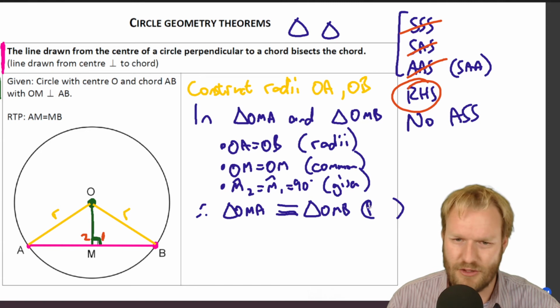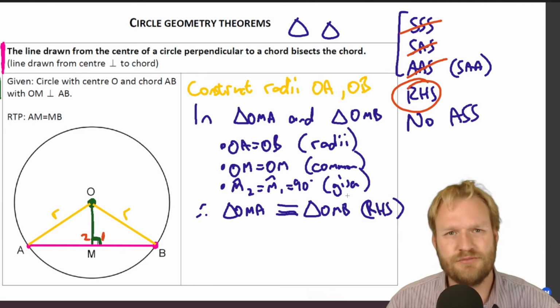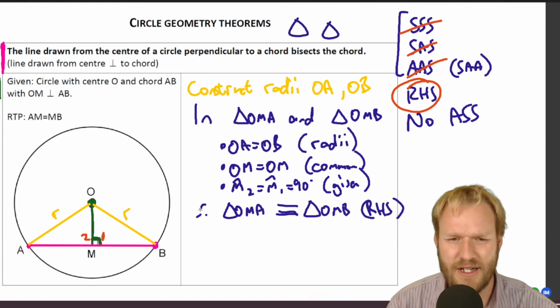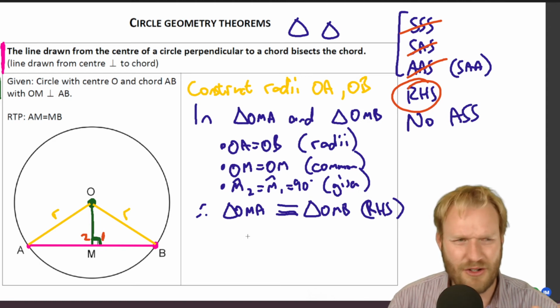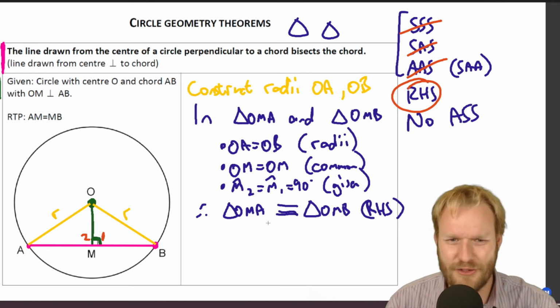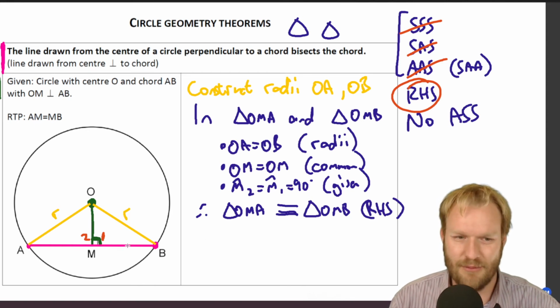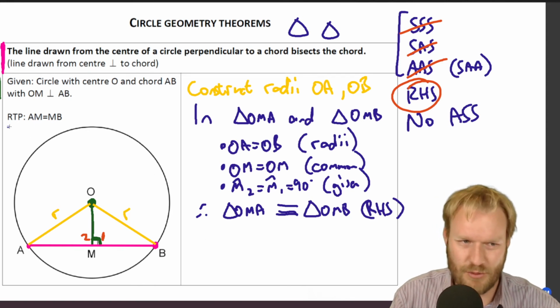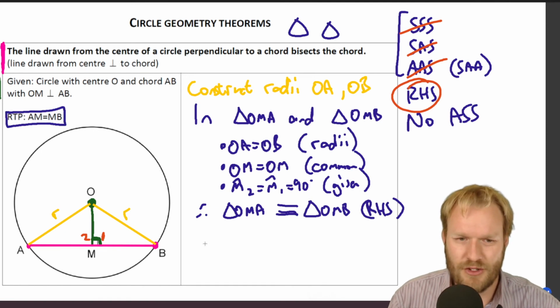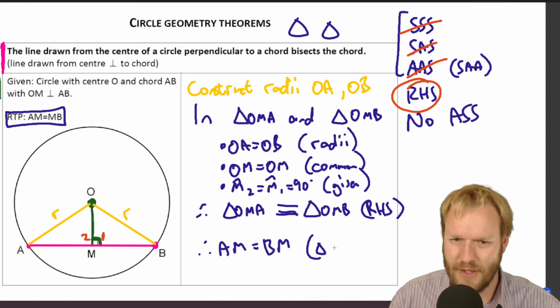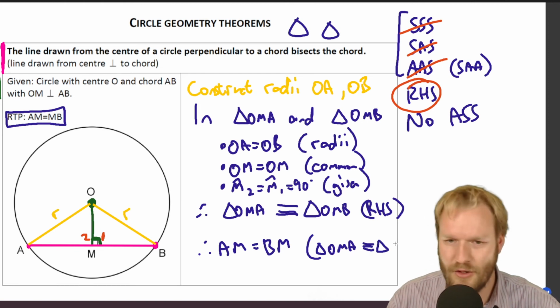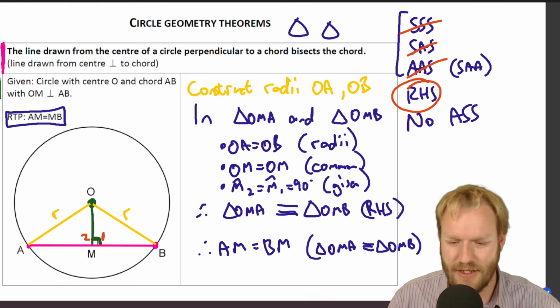Okay, and our reason was right angle, hypotenuse, side. So therefore, it flows quite naturally from this statement that AM equals BM, which is what we were required to prove. So therefore, AM equals BM, reason, well, because those two triangles are congruent, then they must be equal.